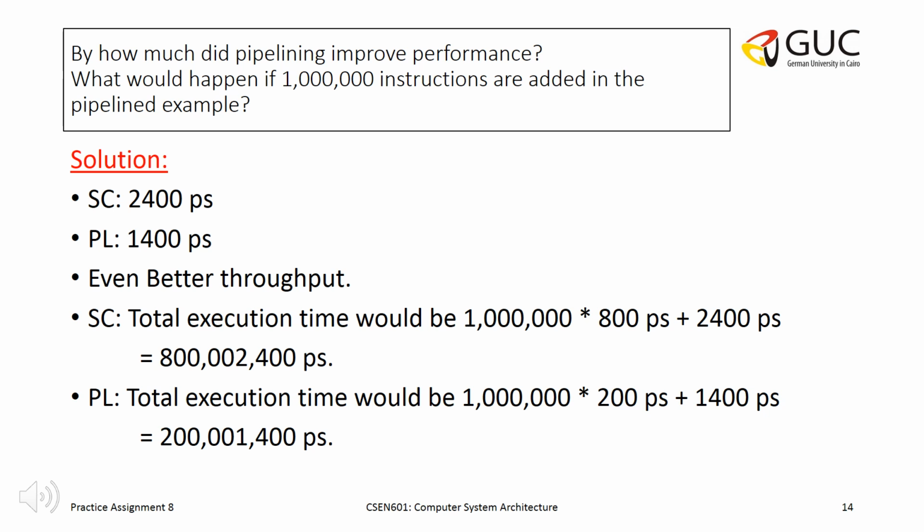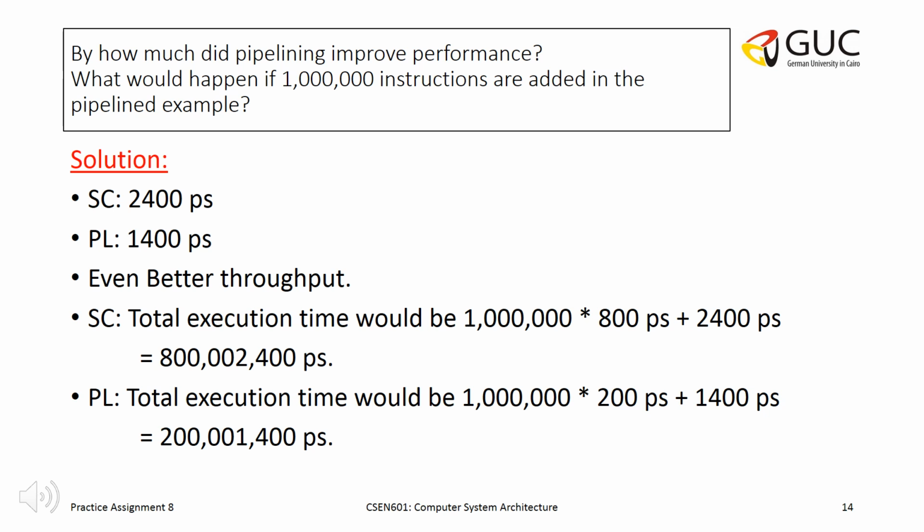This is the difference. To know by how much the speedup happened in the pipeline version, we divide 2,400 by 1,400.